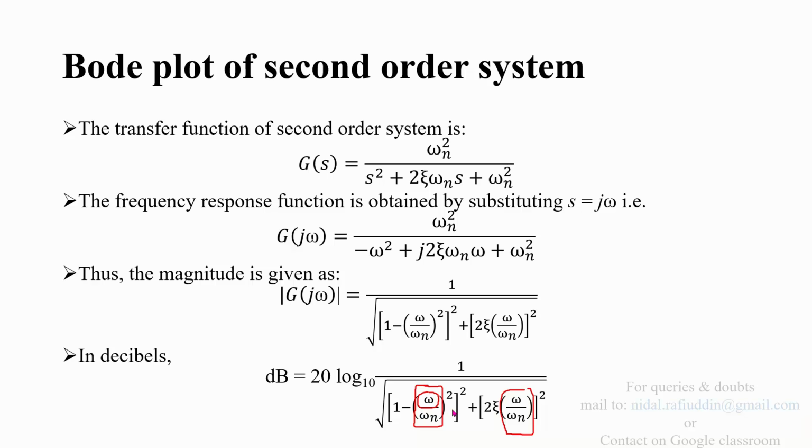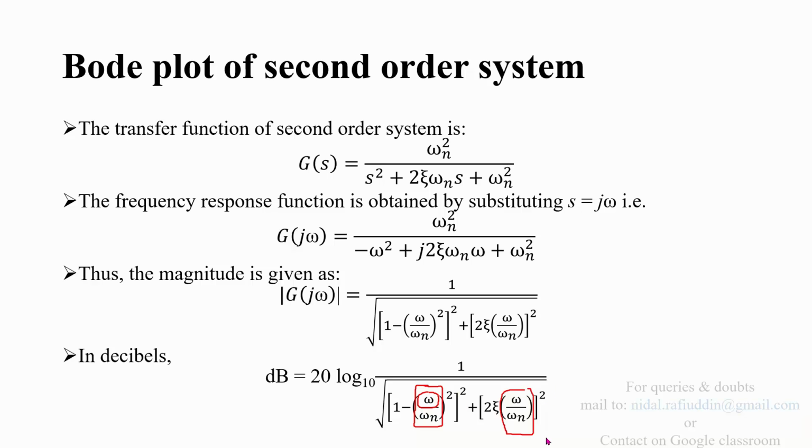So this term gets omega upon omega n to the power 4, and plus you're going to have another term, plus 2 zeta omega upon omega n to the power 2. So this term can again be considered negligible compared to the term omega by omega n to the power 4.